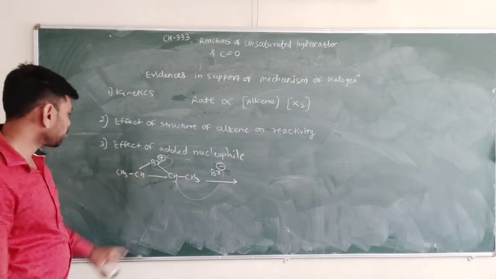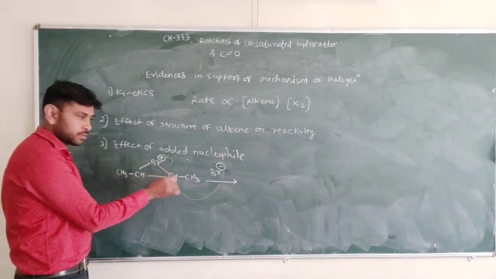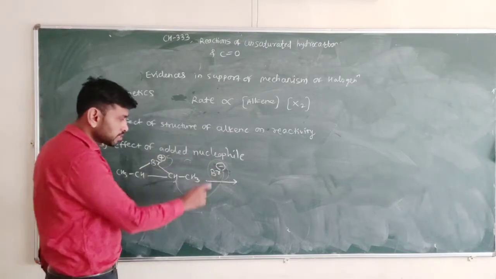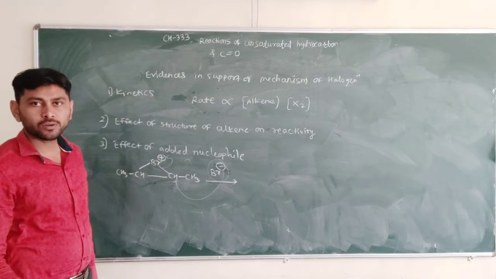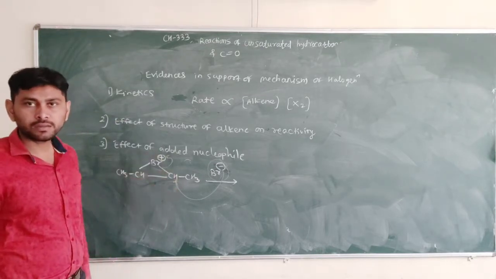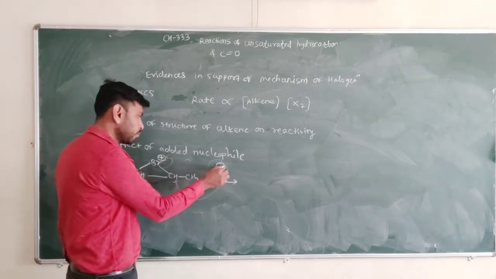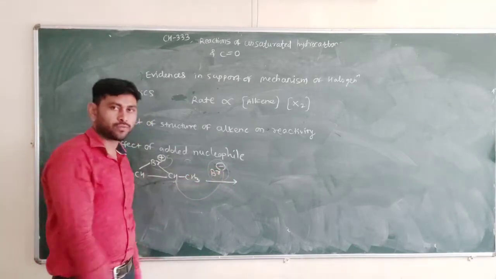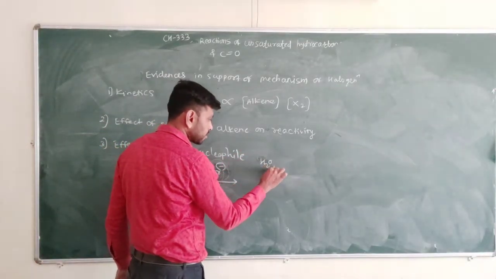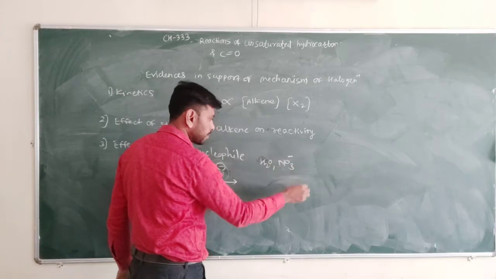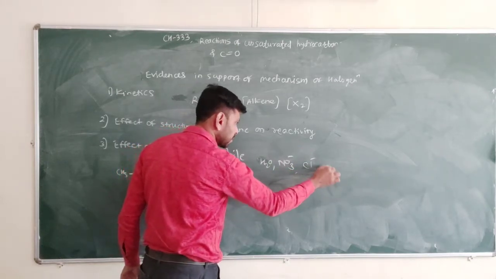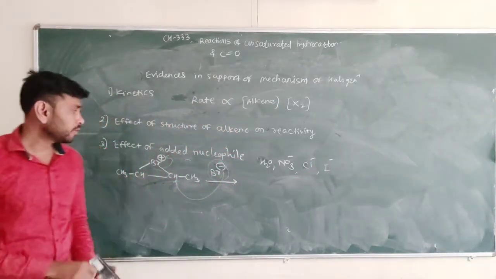Instead of Br minus, if we use another nucleophile, it will definitely react and the ring opens, and we get different products. If we add water, it reacts. If we add NO3 minus, it reacts. If we add Cl minus or I minus, it reacts, and we get different products.